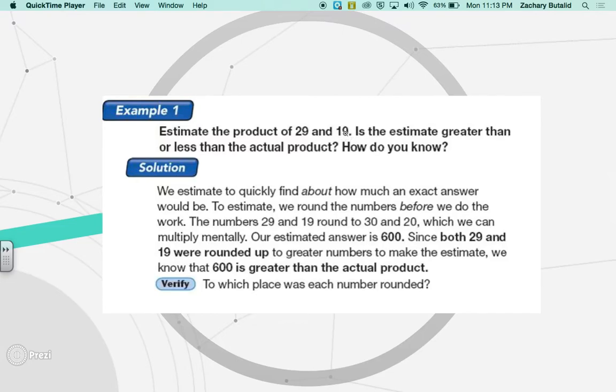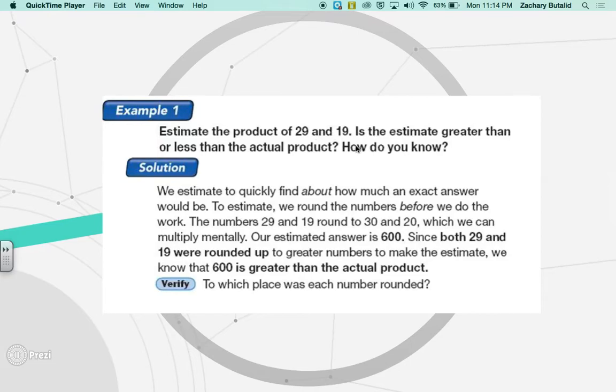It's only one away. And so it's easier to do a multiplication problem with 30 and 20, right? We know that 2 times 3 equals 6, and then add my zeros, that's 600.